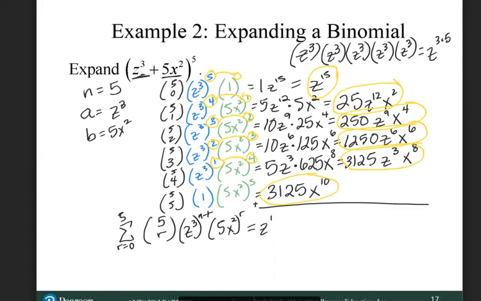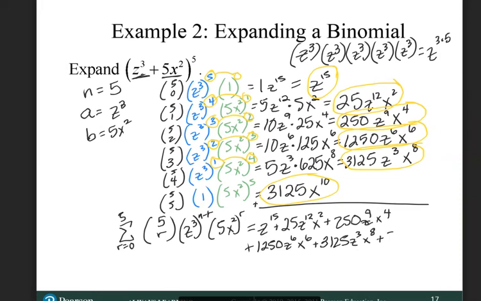Z to the 15th plus 25z to the 12th x squared plus 250 z to the 9th x to the 4th plus 1250 z to the 6th x to the 6th plus 3125 z cubed x to the 8th plus 3125 x to the 10th.